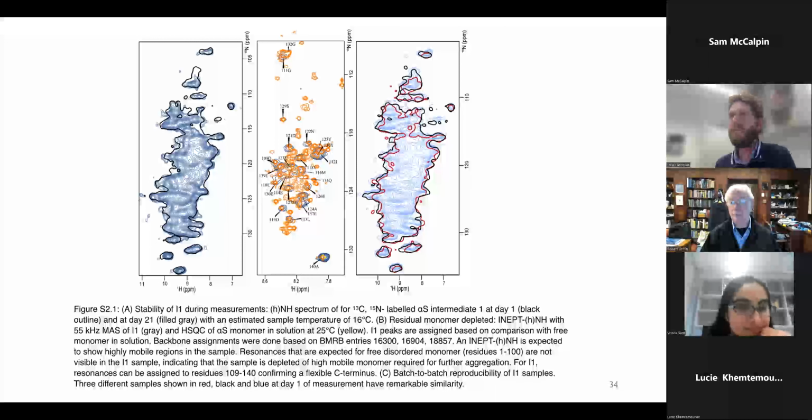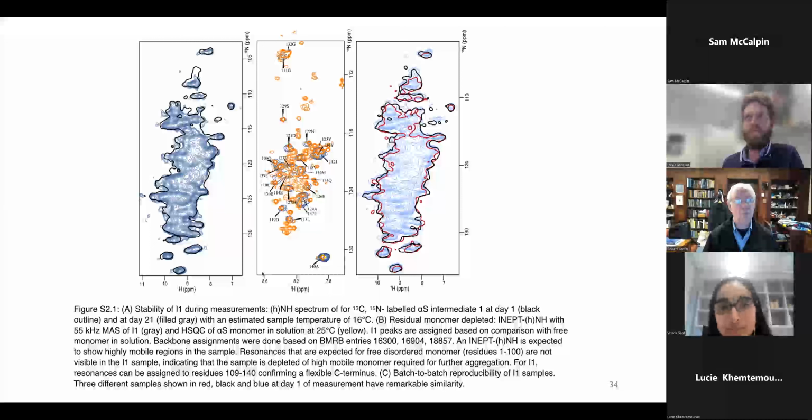Brenda, do you want to comment on that? Yeah, so like Loren said, we record fingerprint spectra at a regular interval while we're recording some of these longer 3D spectra. And on the rightmost figure, you can see how this is pretty consistent over time. But there comes a time, depending on the sample handling, and it varies from sample to sample, that this spectrum eventually begins to change.